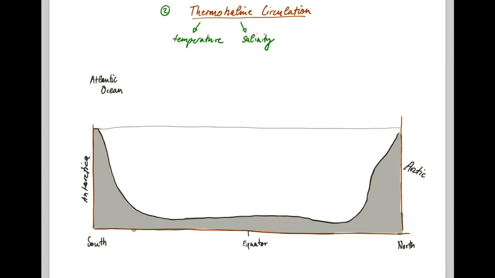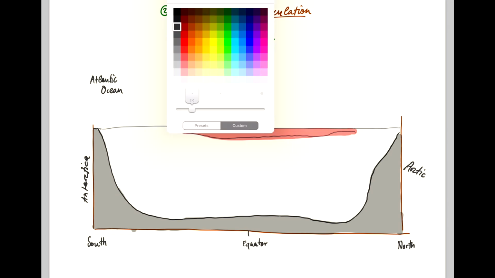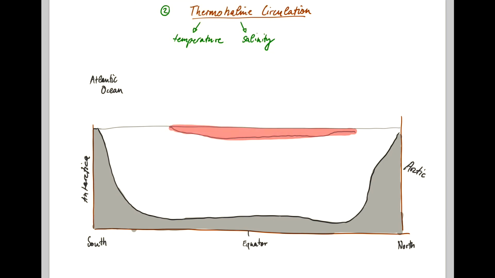So in the lower latitudes we have the warm salty waters near the surface, and let's color those in red. And typical for this is the Gulf Stream. The Gulf Stream is warm and saline.